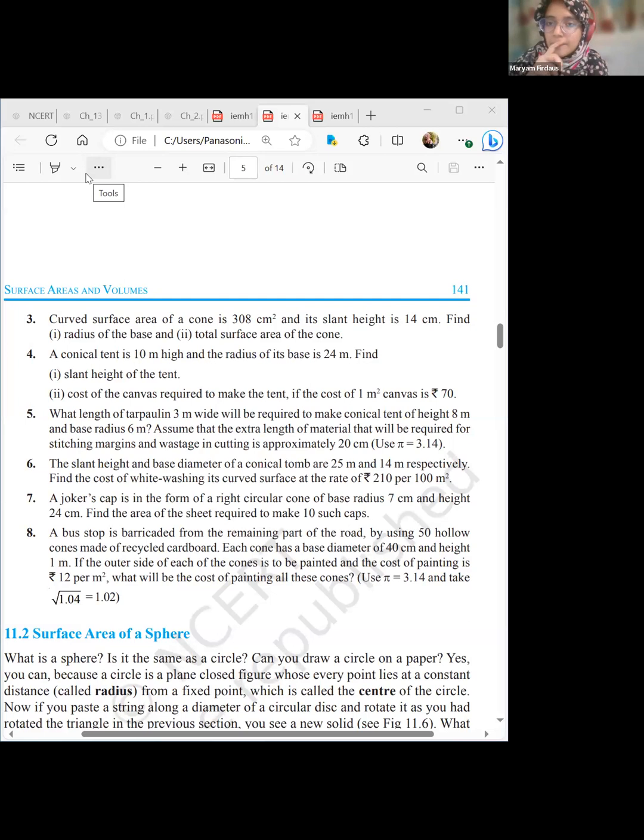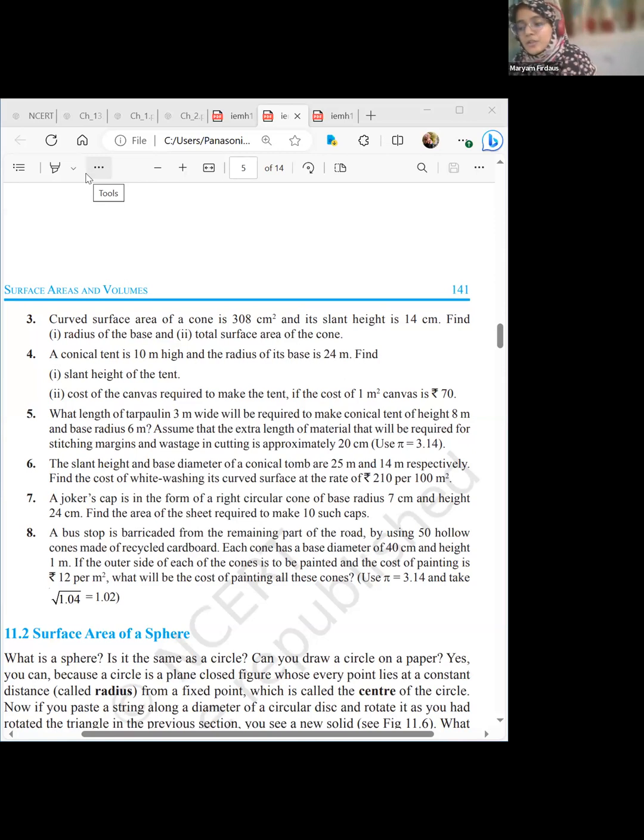So let's do one thing. Extra length of material is 20 centimeters, so we need to take 20 centimeters extra. Right now, just tell me how much is going to be the length of this rectangle which I have shaded over here.